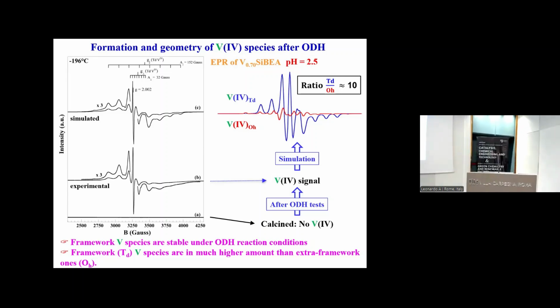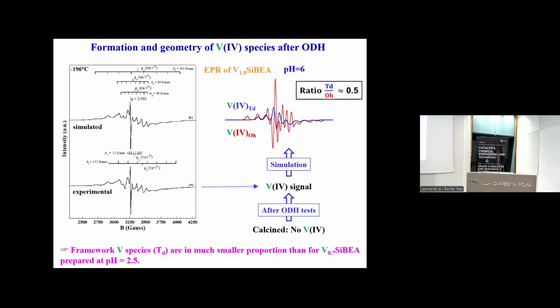Now, when we change the pH of preparation to pH 6, we can see also that in the case of calcined zeolite, vanadium is in the 5 oxidation state, and after the oxidative dehydrogenation of propane test, we reduce vanadium 5 to vanadium 4, and vanadium gives the signal.